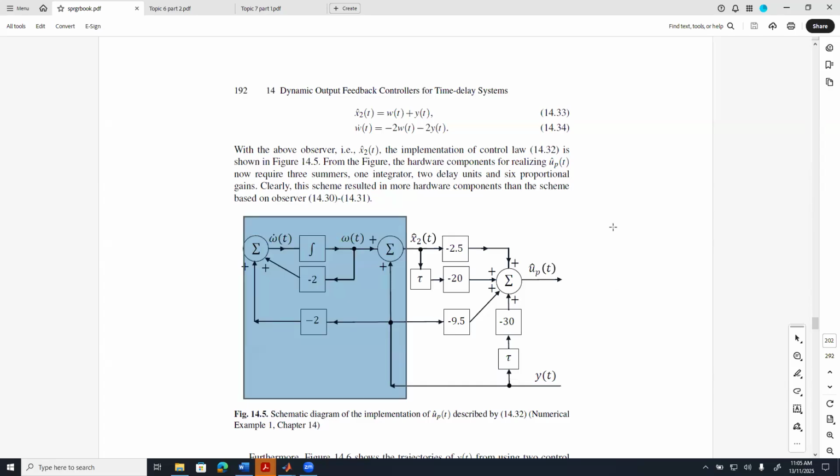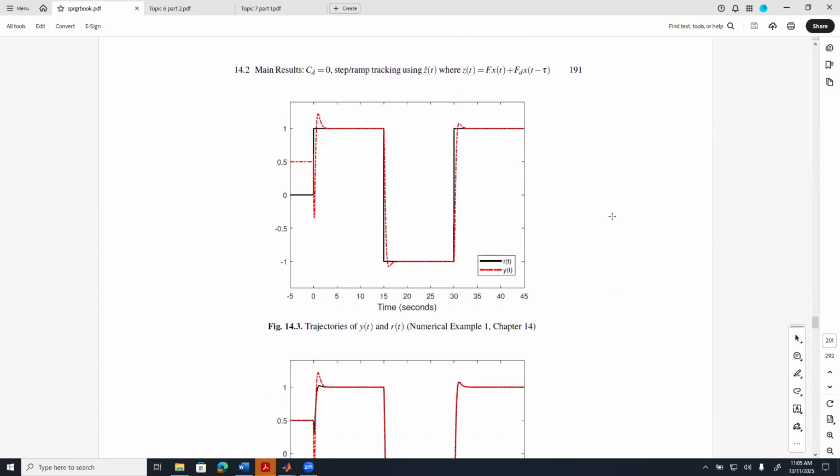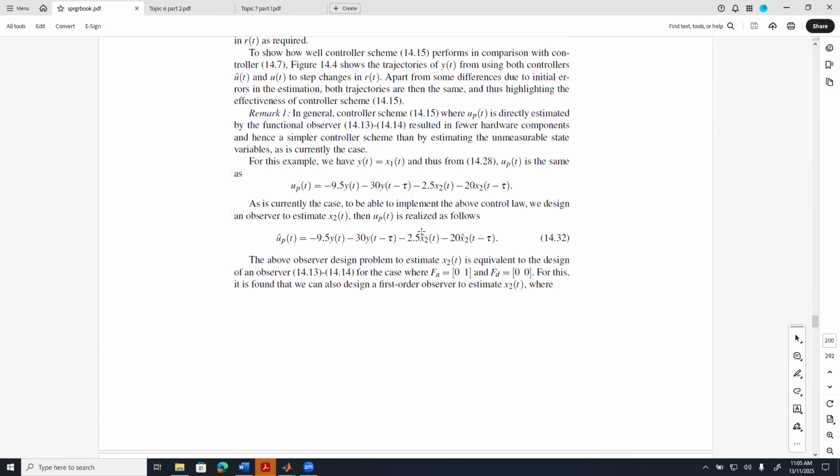Now, the control law we have is realized based on this equation. So we get minus 9.5 times y and then minus 30 and all of that. So we actually have 4 terms in here. One proportional gain, another proportional gain, and a delay memory unit, another proportional gain, and another gain, and a delay unit.